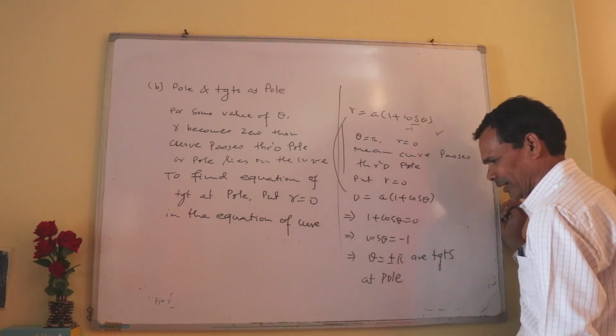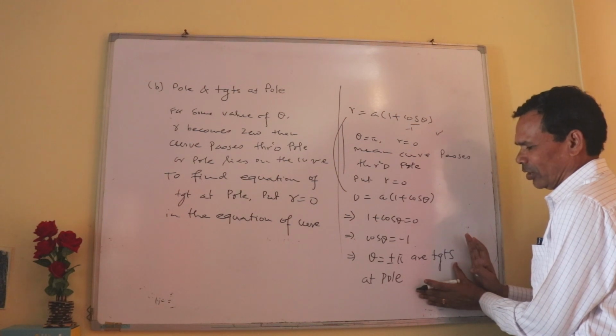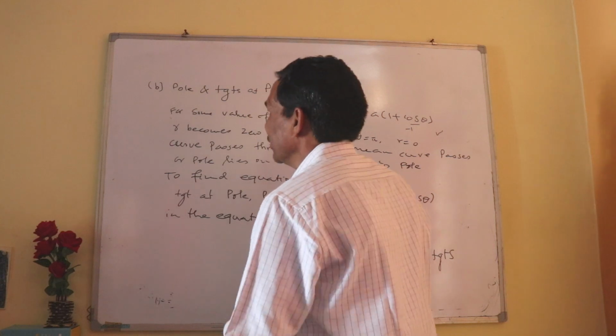So you can find the tangent at the origin, or tangent at the pole. This is the second point.